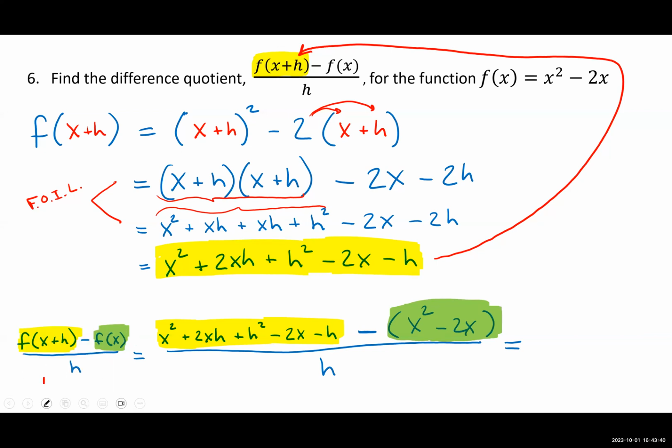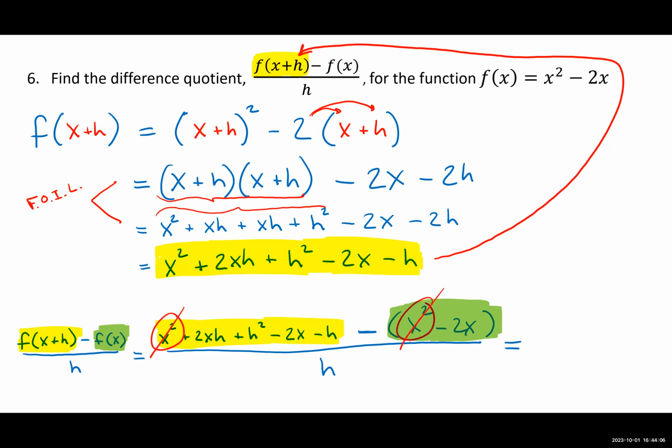Now, definitely some stuff cancels. We've got an x squared and a minus x squared, because this negative sign is minusing both of those. So we've got this x squared here and this x squared here. They cancel.